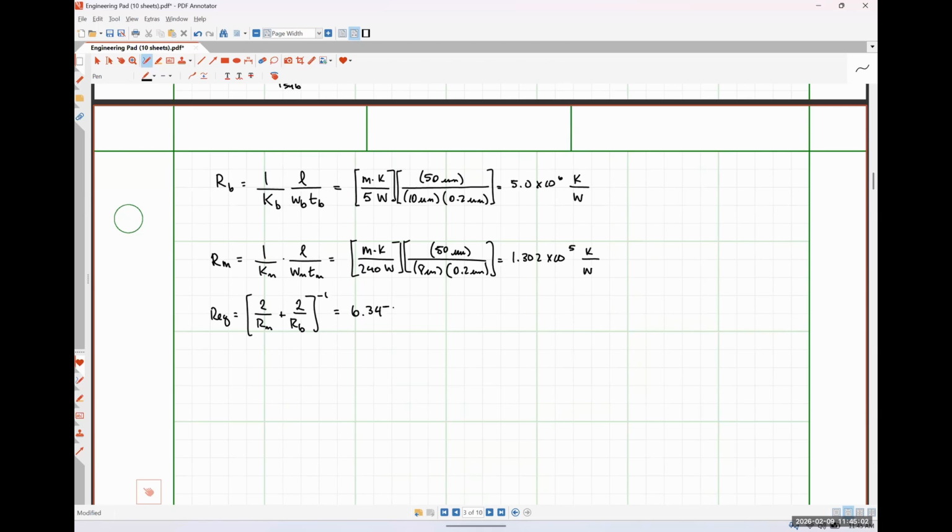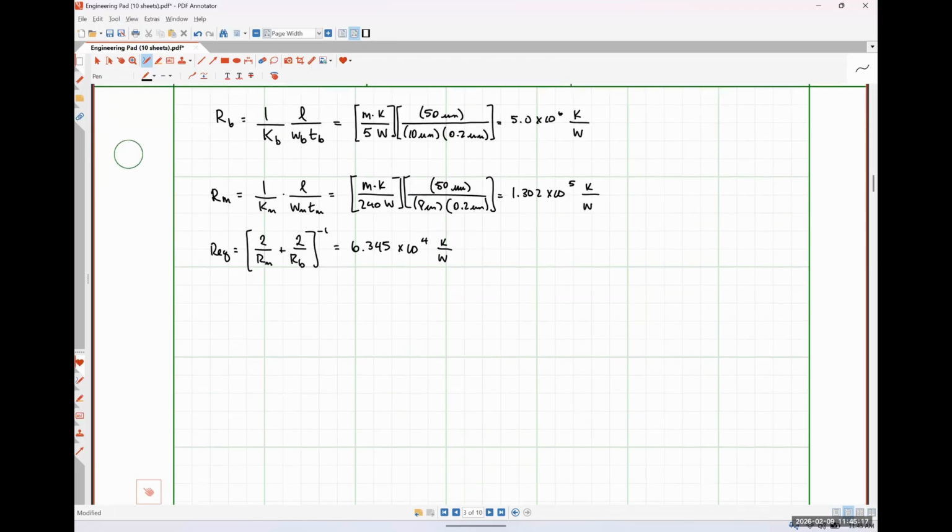I get 6.345 and some change times 10 to the 4 Kelvins per watt.